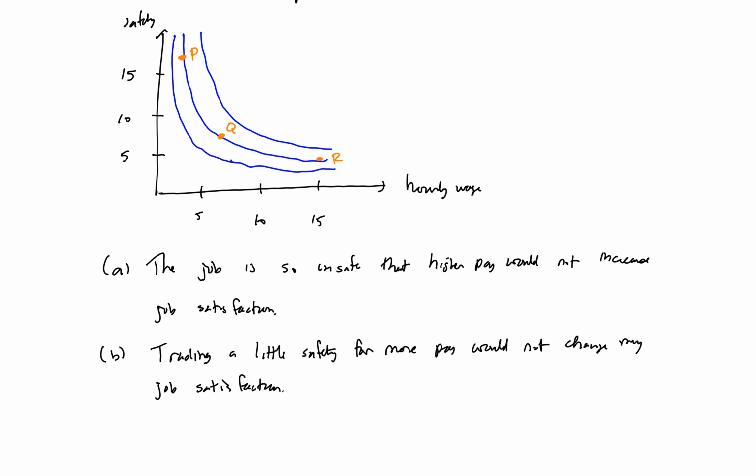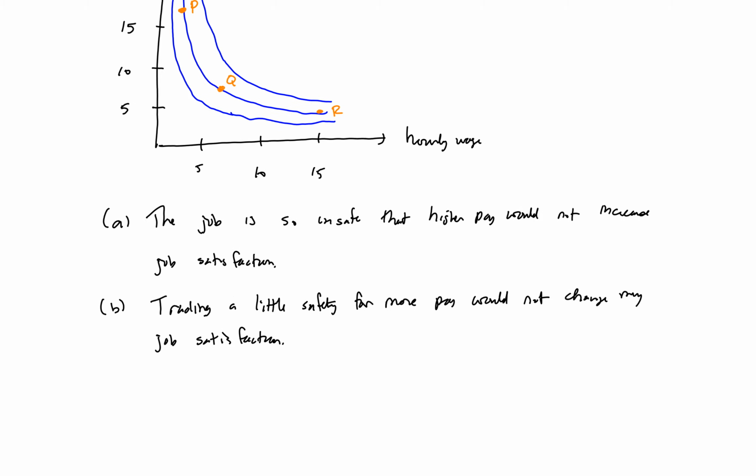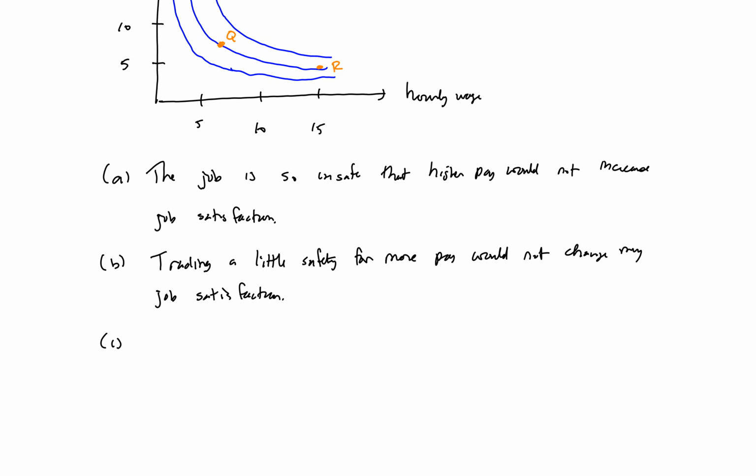So for the second one, we trade a little bit of safety. So we're okay with making the job be a little less unsafe as long as you increase the pay. And the last one is the job pays so little that increasing safety doesn't help.